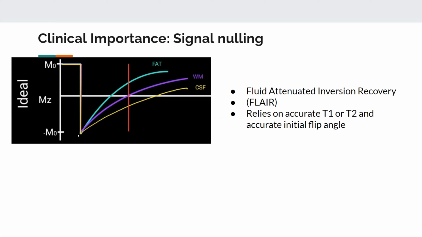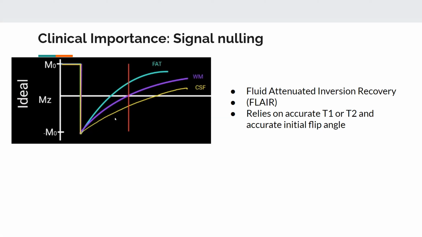And then based off of the T1 times of each tissue, we'll recover some of that signal. So we can try to calculate at which point we want to image to be able to null a specific tissue. In this case, if we image at the red line, we'll basically be nulling all the signal from white matter and have signal still left from fat and CSF.